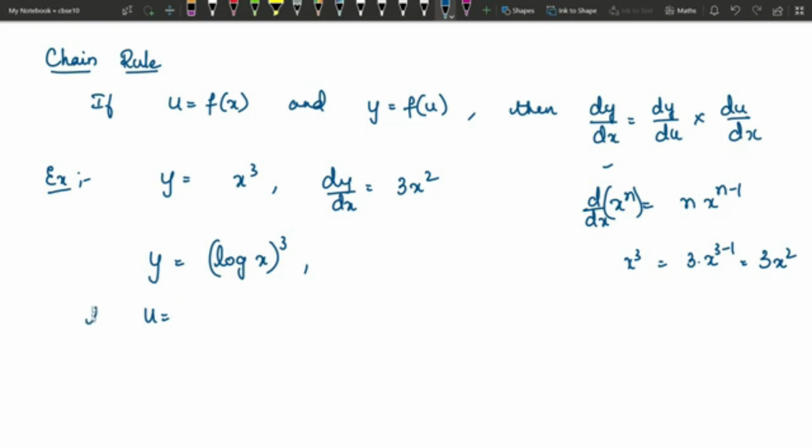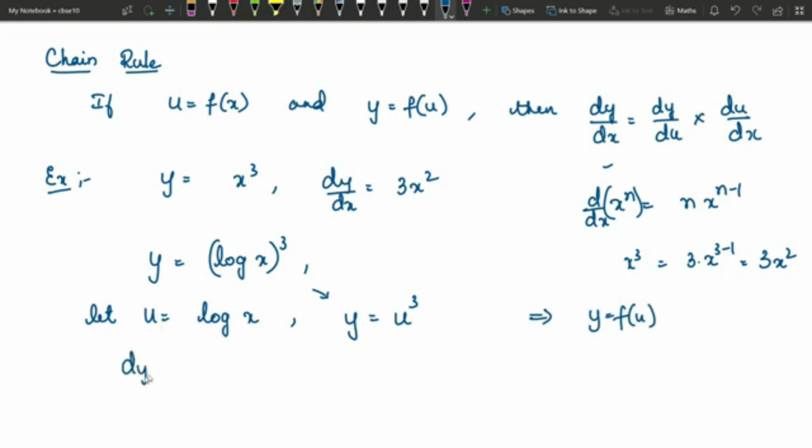Here I will write, let u is equal to log x. So this equation becomes y is equal to u cube. Understood? Y is equal to u cube because I have taken u as log x. Now y is a function of u, and u is a function of x.